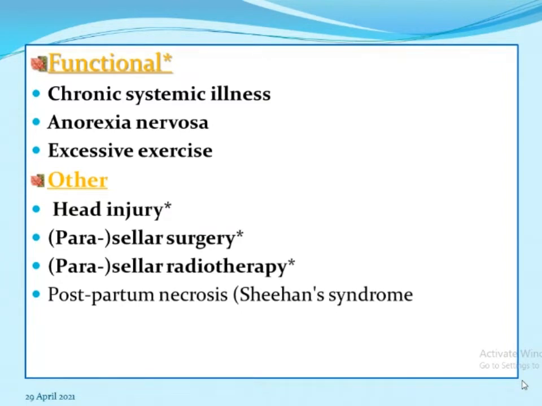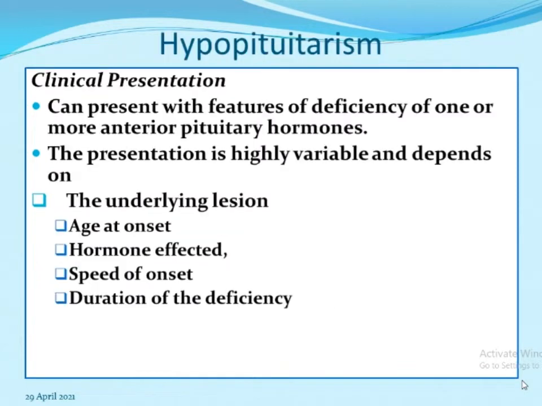When you check, you discover that she has a history of severe bleeding postpartum, and she had received a lot of blood to replace the anemia. So don't forget Sheehan's syndrome as a cause of hypopituitarism in ladies postpartum after delivery.